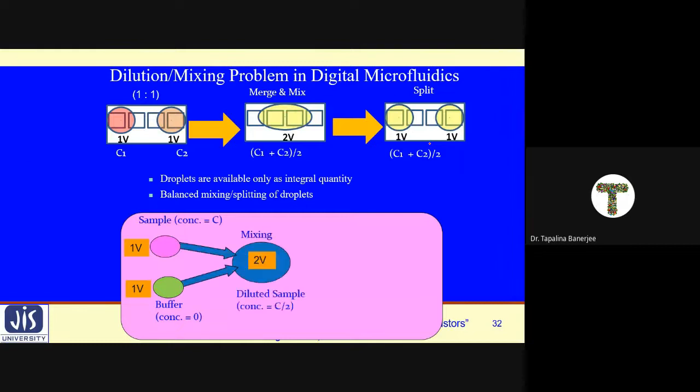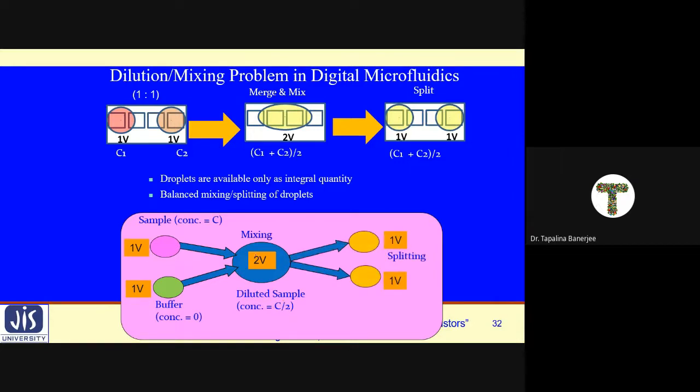This is another simple view when we are considering one of the fluids as sample and the other fluid as buffer. So considering the sample concentration as C and buffer concentration as 0, the diluted sample concentration becomes C by 2.